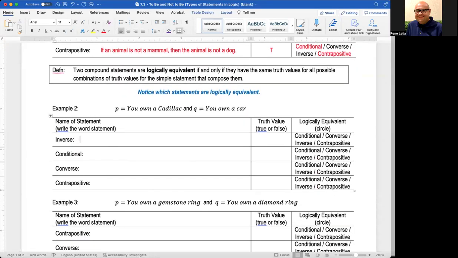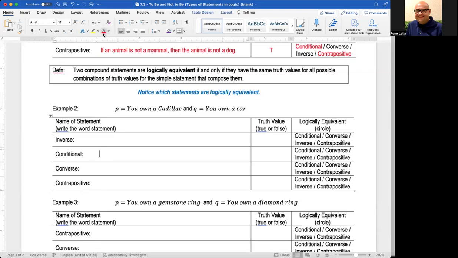So if you learned it in order, which is what I would suggest that you do, then no matter what order these are given to you, you can always just work them out in order. So do the conditional first, if P then Q. P is you own a Cadillac, Q is you own a car.